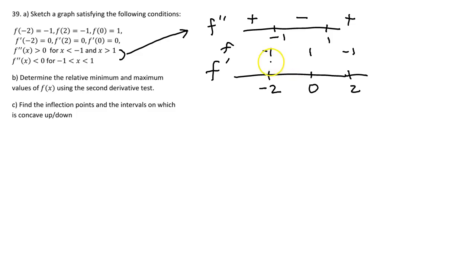So from here to there, it must be increasing, right? And from here to there, it must be decreasing. Okay. Another thing that you can notice is that at negative 2, f double prime is positive. So what does the second derivative test say? It must be relative minimum. Same thing for 2. F double prime is positive. Second derivative says that 2 will be a relative minimum.